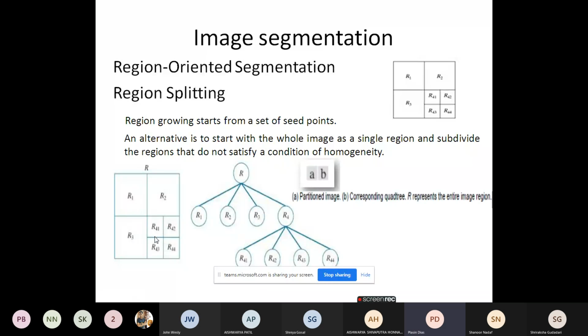Whenever Q of Ri is considered, if it is false, then we split that region into disjoint quadrants. The second thing to consider for the algorithm is that when no further splitting is possible, you have to merge any adjacent regions Rj and Rk for which Q of the union of Rj and Rk is true. That is the second part of the summary of the procedure.